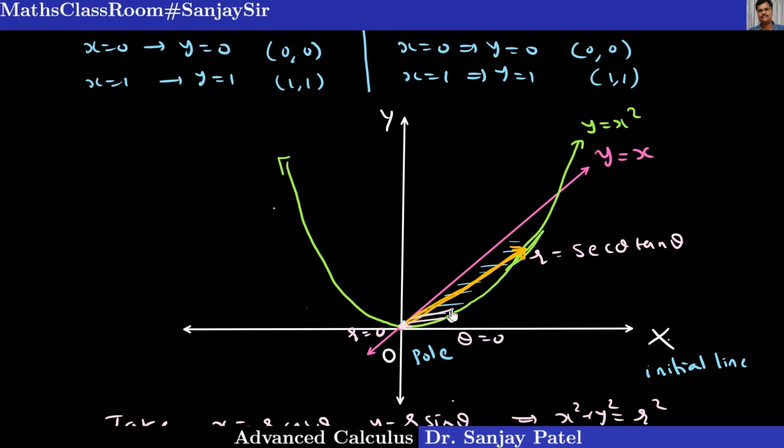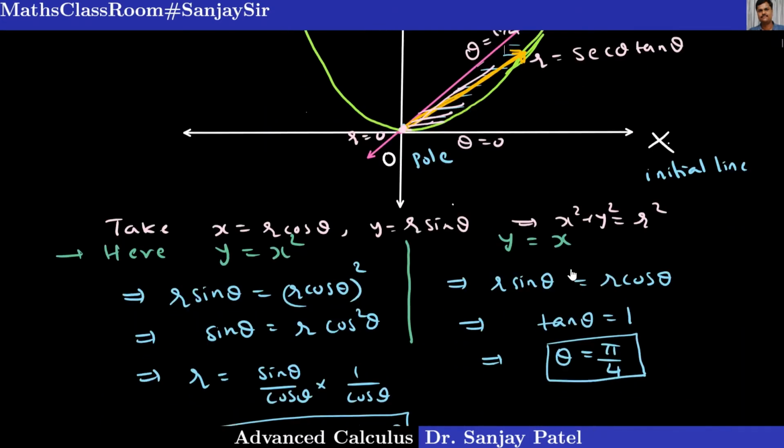If we take all these different rays in this region of integration, you can see the maximum value of theta is obtained on this pink line, whose equation is theta is equal to pi by 4. Okay, so theta varies from 0 to pi by 4 and r varies from 0 to sec theta into tan theta.